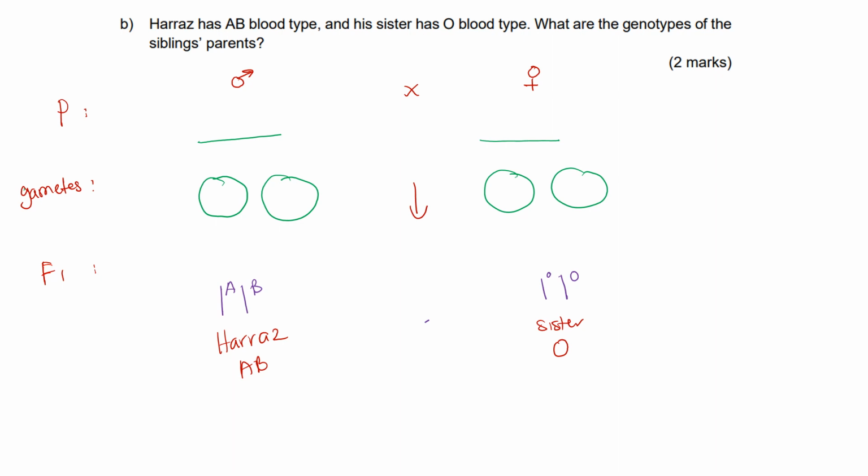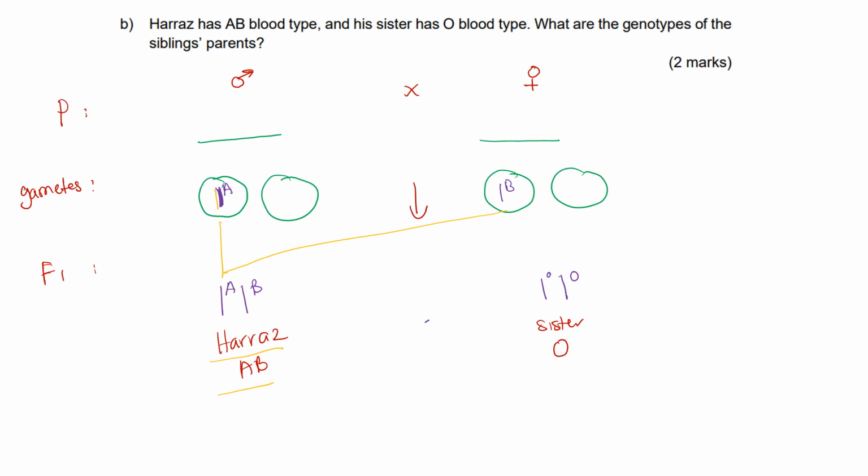it has to occur between the fertilization of sperm and eggs that carry different alleles. A sperm that carries the IA allele fertilizes an ovum that has the IB allele. That is one possibility. Fertilization between a sperm carrying the IA allele and an egg carrying the IB allele produces the genotype IA/IB, which produces Haras.